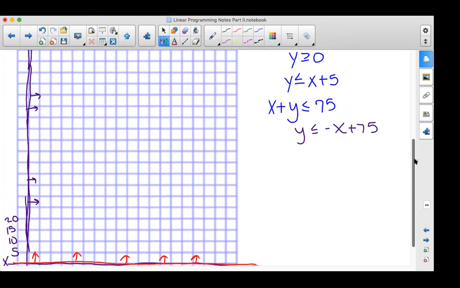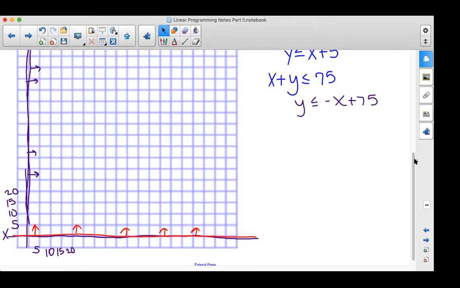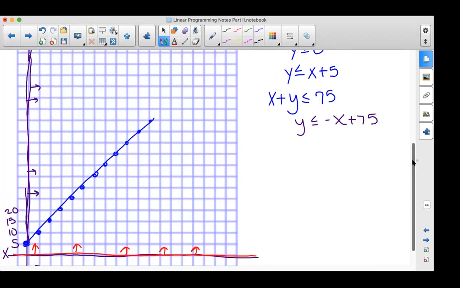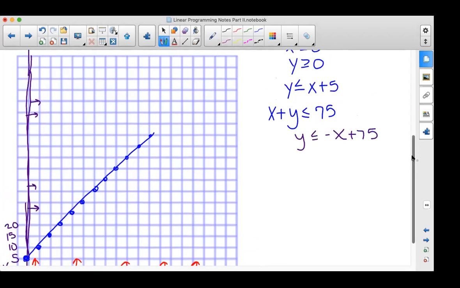So our first graph is x plus 5, our first line. So going up to 5 and then up 1 over 1. And then the next one we have is negative x plus 75. So we're counting all the way up to 75.